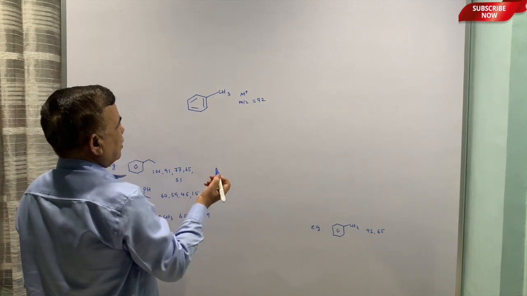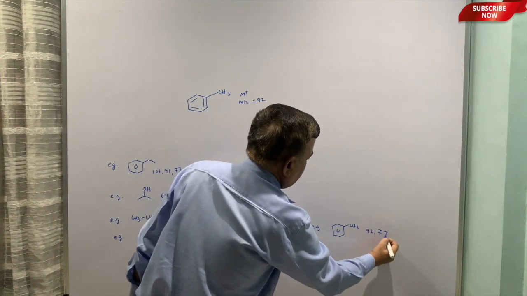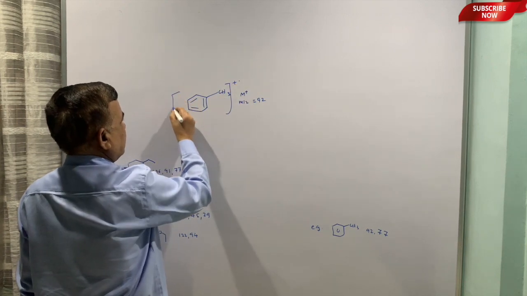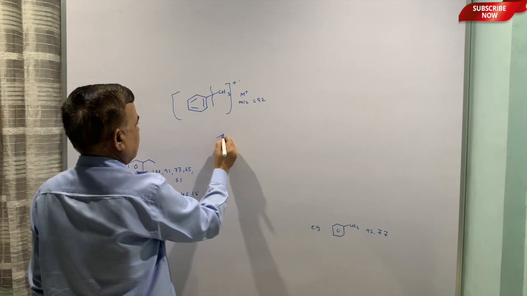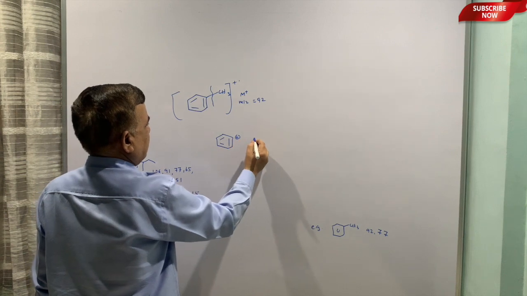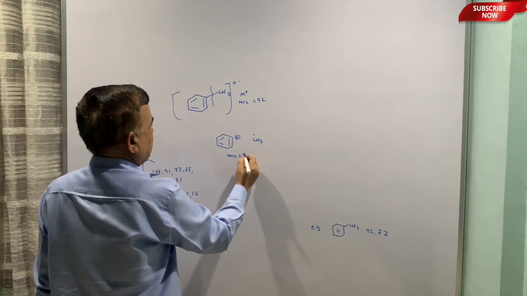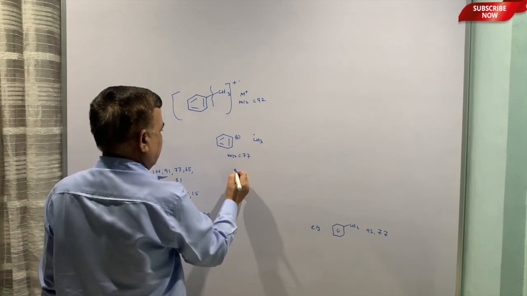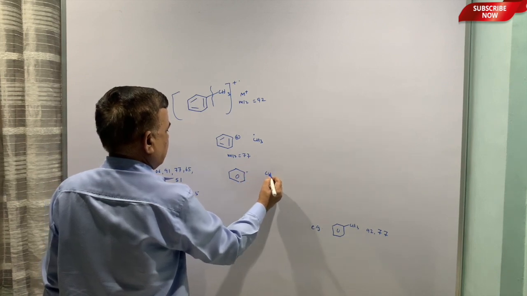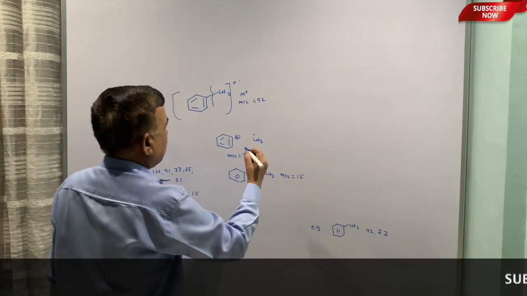And then the remaining peaks, the immediate peak, now I will not put 65, the immediate thing is 77, because when I put the radical cation here, the first immediate cleavage is this one. So, you will be getting the phenyl cation, and this is m by z equal to 77. Alternatively, you can have a radical and CH3 plus. So, this is m by z equal to 15. These two things you can get.